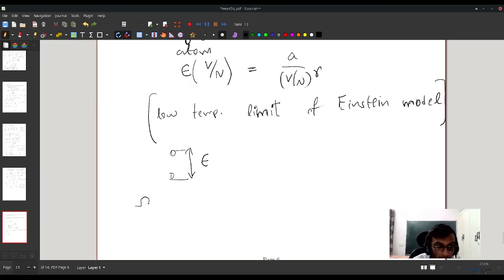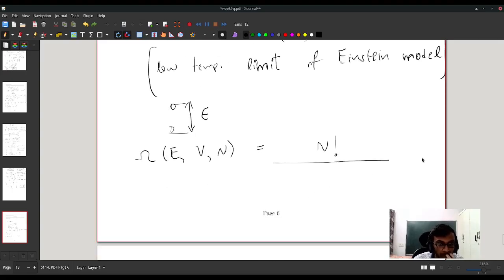So the number of microstates depends on the energy like this. We have to select E by epsilon number of atoms and place them in the excited state.